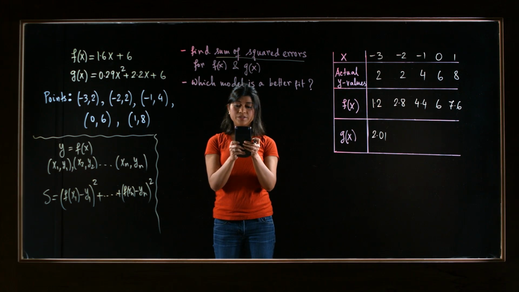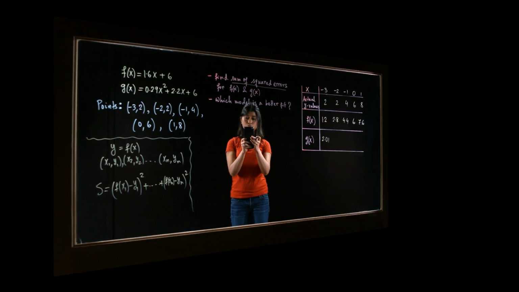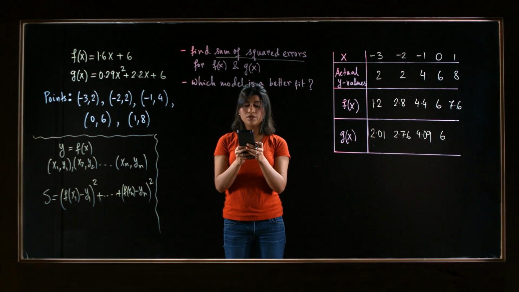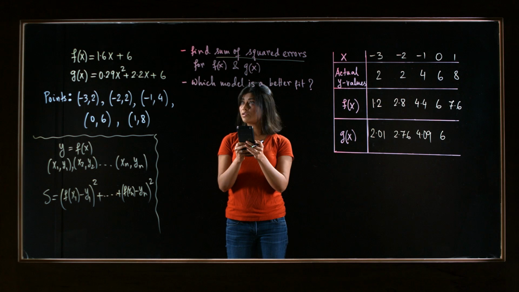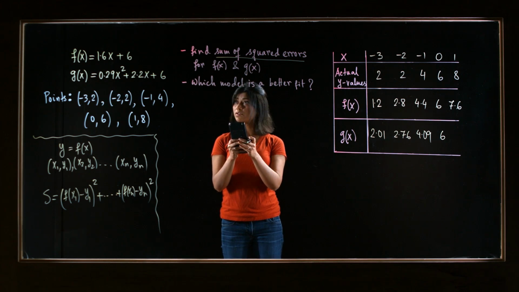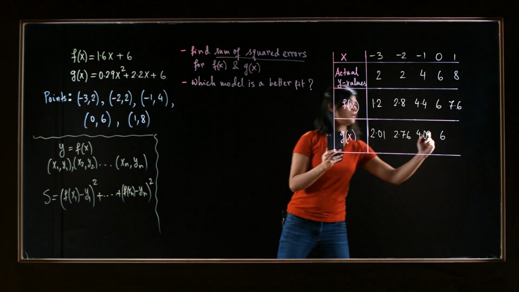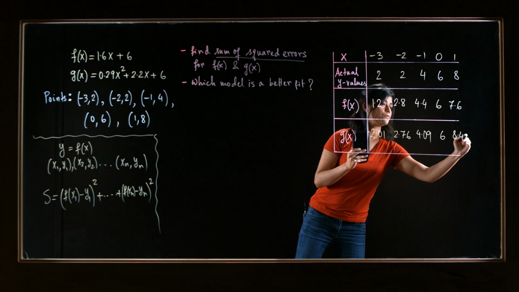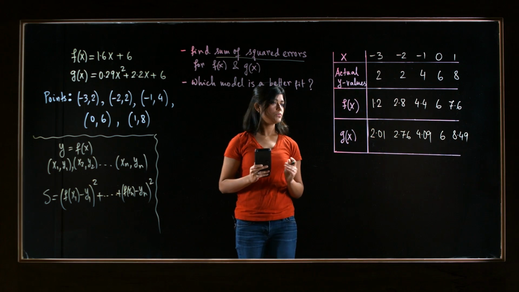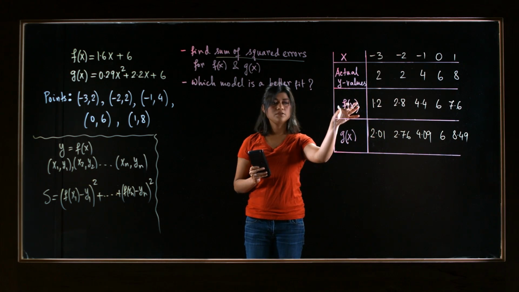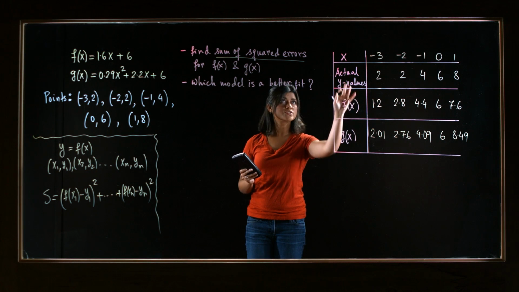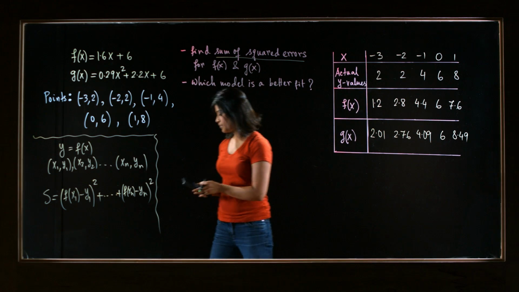Now keep doing that, except instead of -3, you put -2. And for the last one, you plug in 1 instead of x, and you have 8.49. So we have all the function values for both functions given these x values.